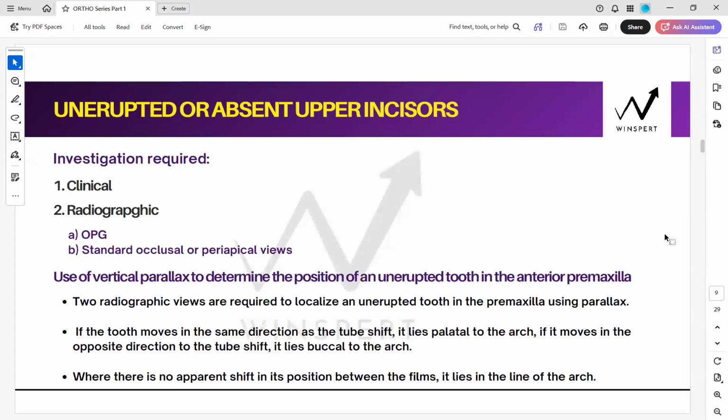So two IOPA views. Clear? That will become your maximum information revealing investigation. So clear for everyone? The information gathering cluster question: what investigations? The clinical and radiographic. OPG would reveal what, and parallax would reveal what, right?